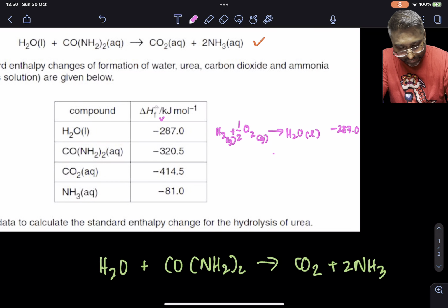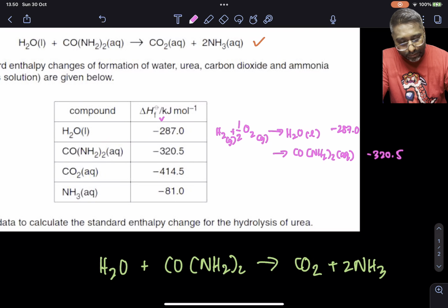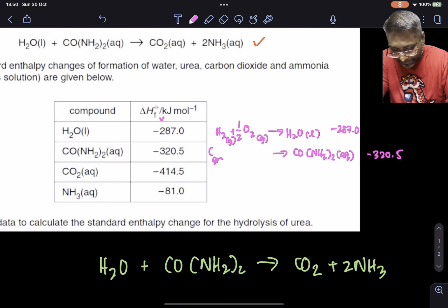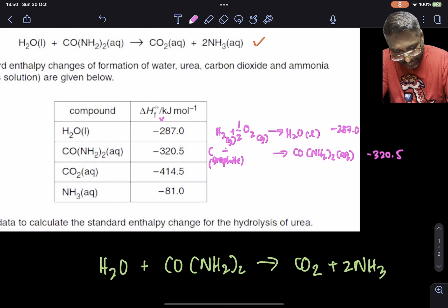And then the same thing, let's do the same thing, CO(NH2)2, which is going to be in aqueous form. The value is going to be negative 320.5. To form this urea, it means you need the elements, which is carbon in the form of graphite. Graphite is the stable form. And then oxygen, that's 1, so I just put half O2.